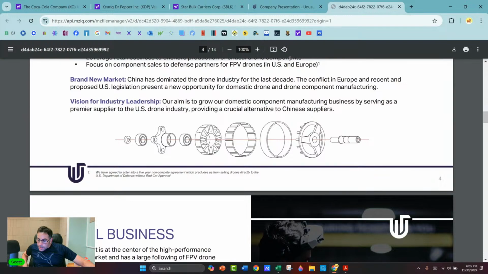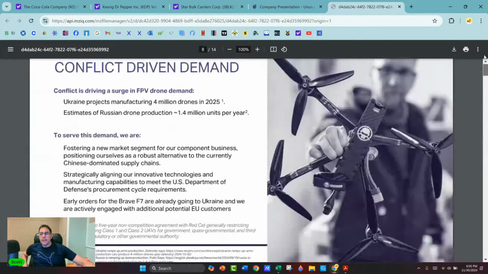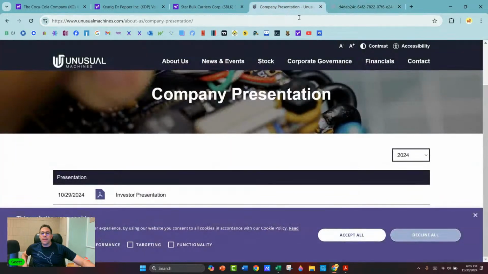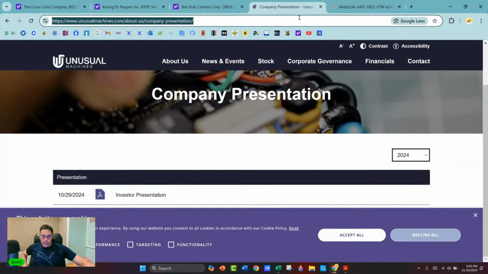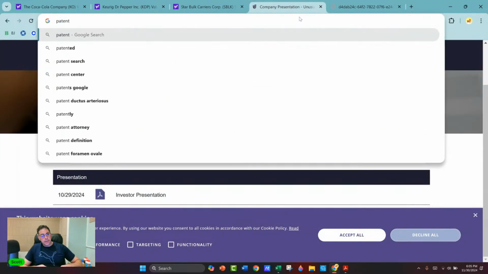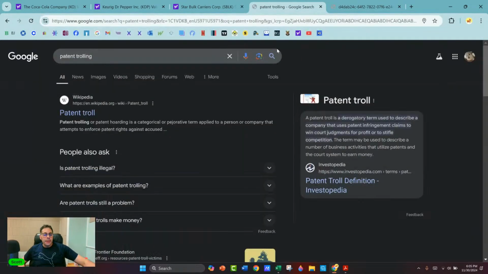UMAC looks like a patent company playing. Oh yeah, that makes more sense. So what's the term? There's a patent... I used to call it patent trolling. They would just buy patents.